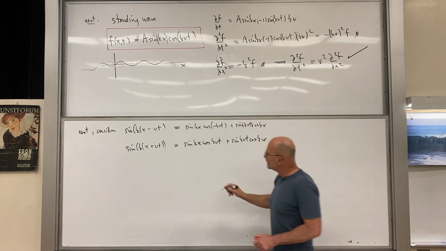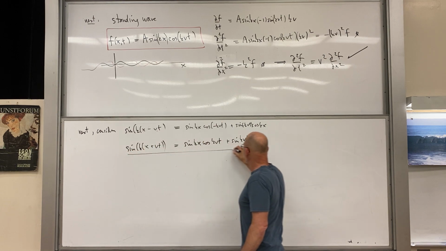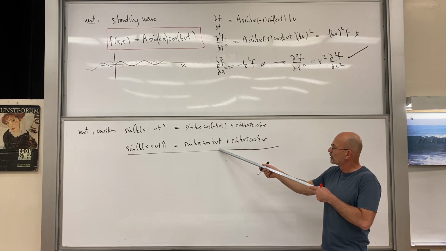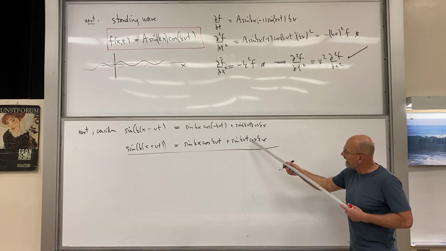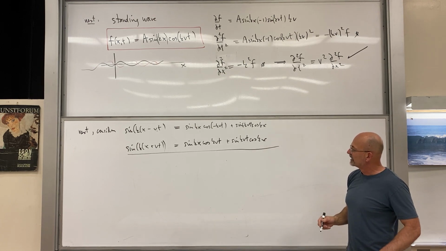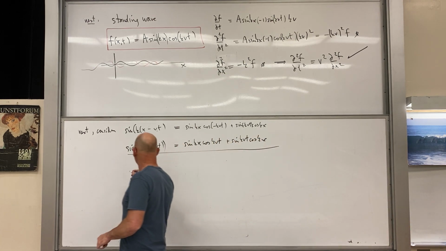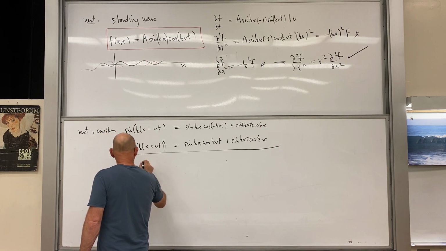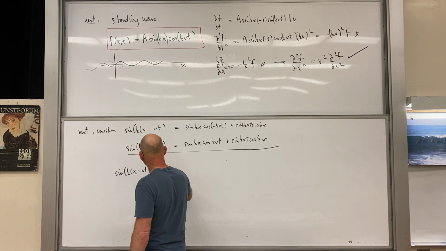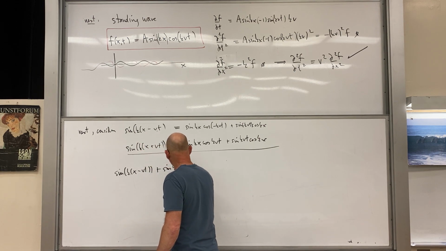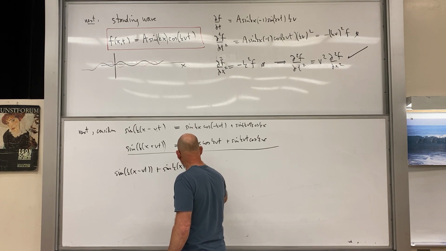And if we add these two, right, the cosine is symmetric, no problem, it's going to stay the same, but these two are going to cancel because we've got a sine minus kvt, a sine plus kvt, cosine kx. So we just add these two, and we have sine k x minus vt plus sine k x plus vt.